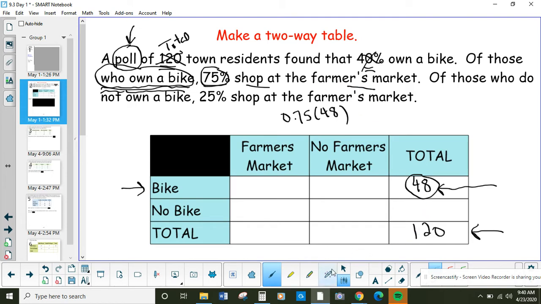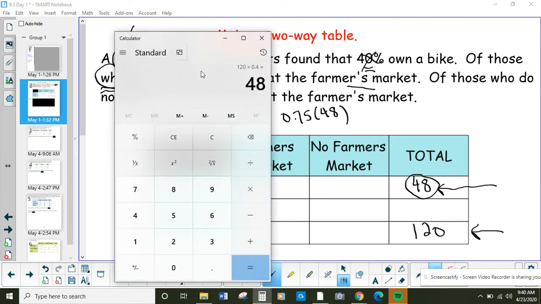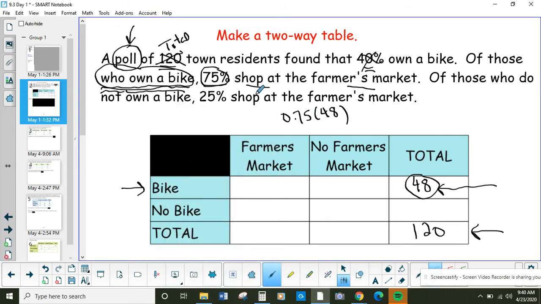I can use my calculator, and 75% of is times 0.75, 48, and I get 36. So of all these people here, 36 people shop at the farmer's market. So here's farmer's market, here's the bike section, 36 of them shop there. 36 bike owners shop there. Okay, so let's go ahead and read the next part.